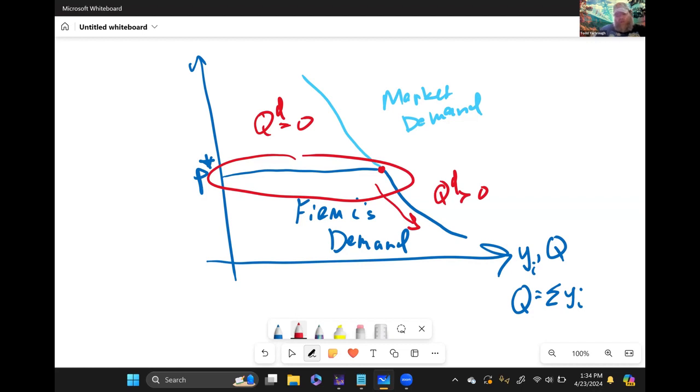But there's a problem, that in order for the firm to basically produce out to this point, they would have to have an extremely large amount of production. Basically, ultimately a level of production that would be not profit maximizing for the firm.